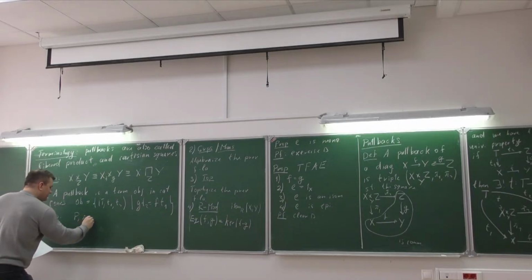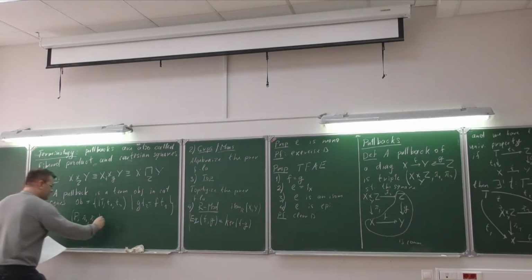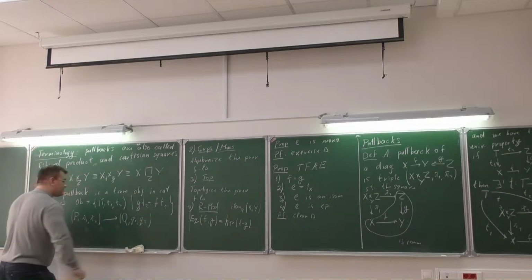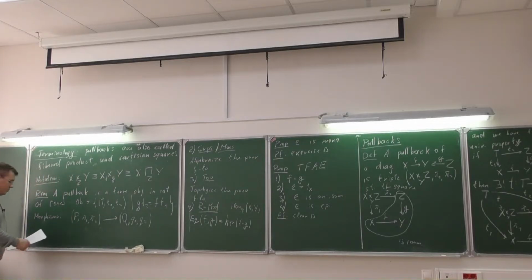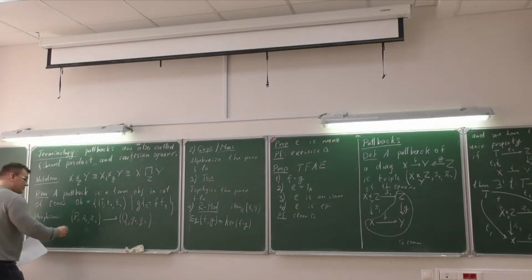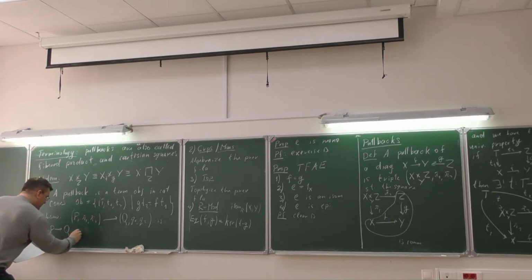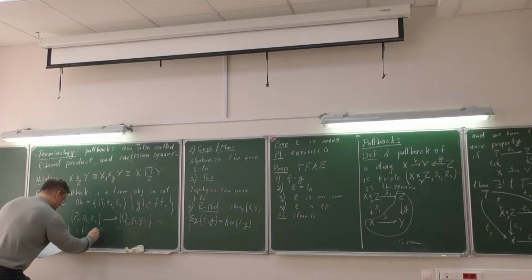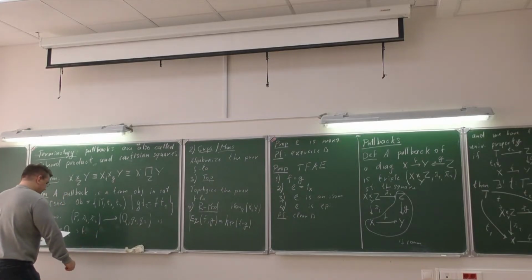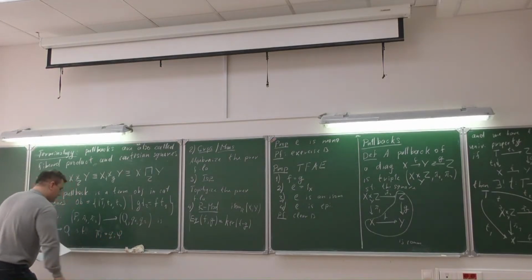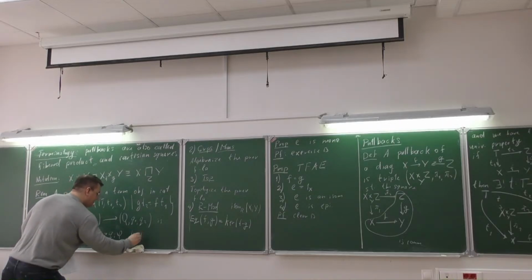I don't think this is the best notation, but at least I won't make a mistake with this notation. So suppose I have two objects, two triples with the properties that we have. So the morphism is a map phi from the vertex to the other vertex, in this case from P to Q, such that pi_i is equal to q_i composed with phi, and this is for i equal 1 and 2.